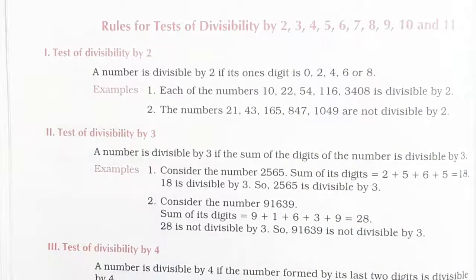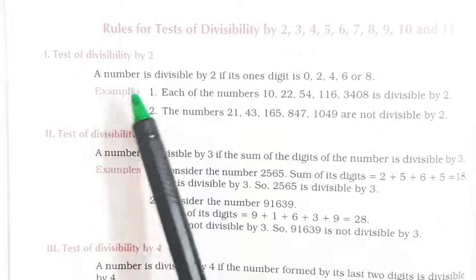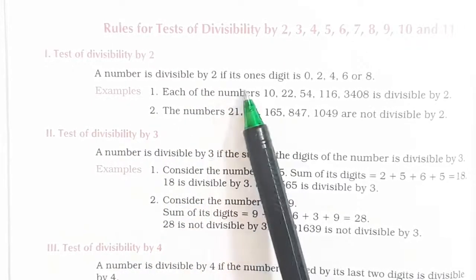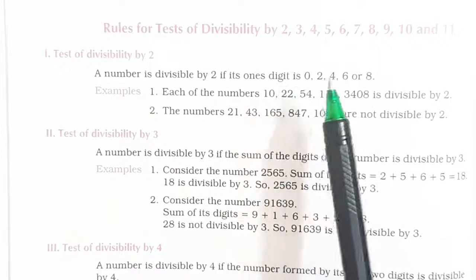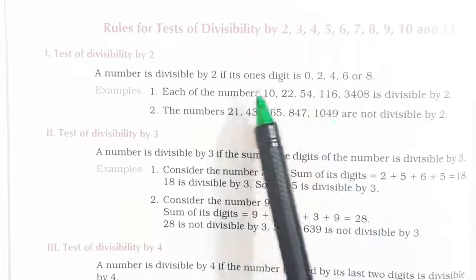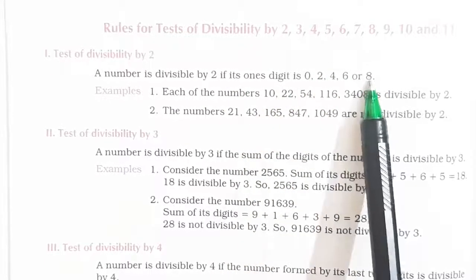So the first one is 2. A number is divisible by 2 if its ones digit is 0, 2, 4, 6 or 8. Or you can simply say if the digit at unit place is even.